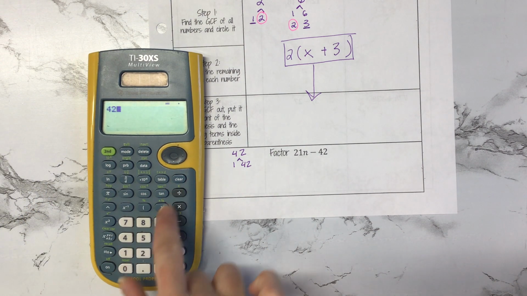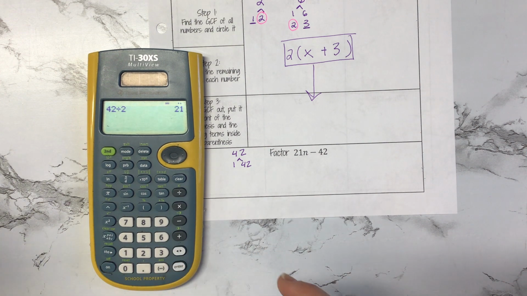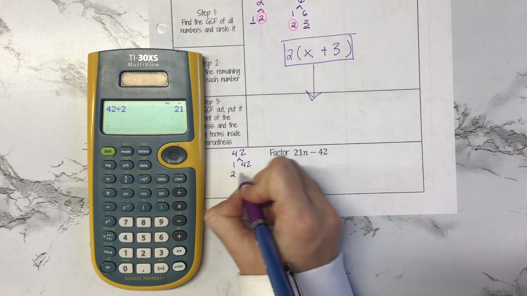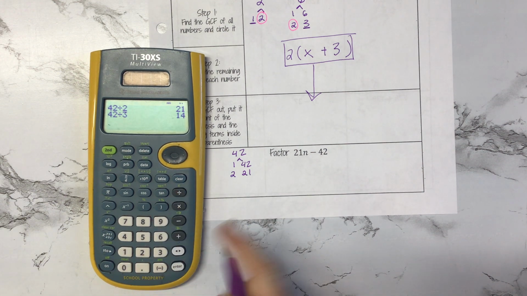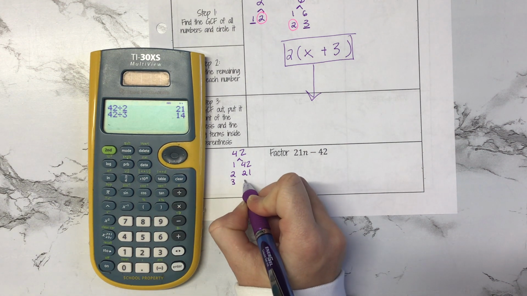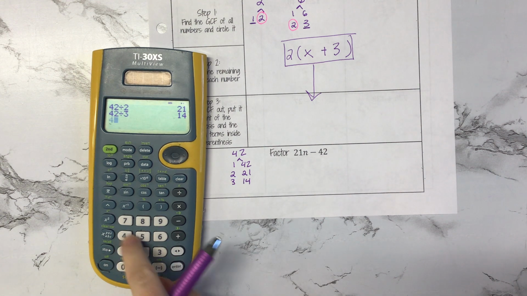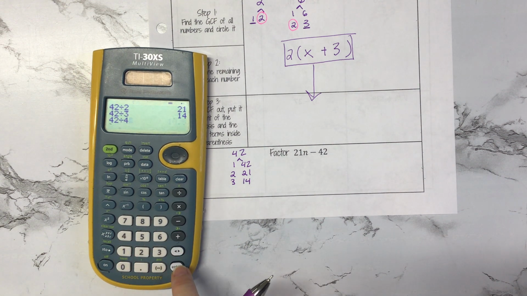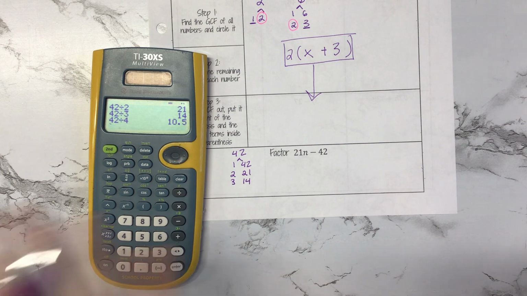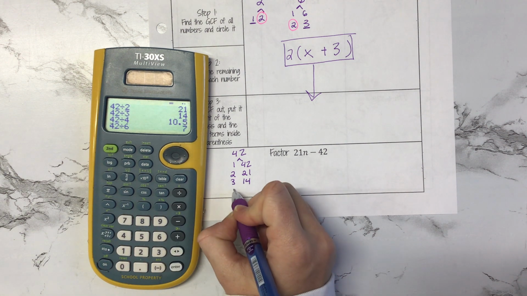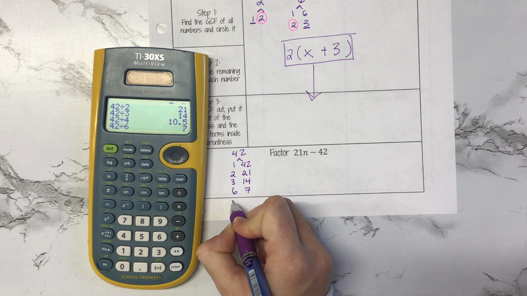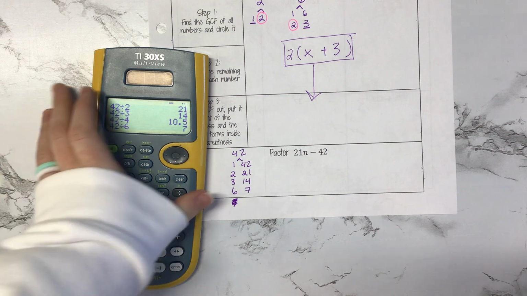I'm going to do 42 divided by 2 is 21. So 2 times 21. Oh, 3 times 14. Let's try 4. Oh, not 4. It's not going to be 5. 6 and 7. Since the next one would be 7, but I already have it listed, I stop there.